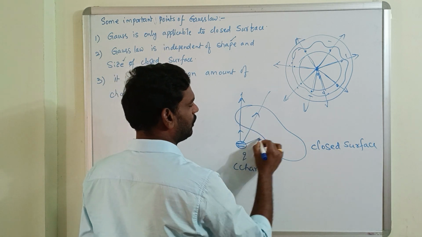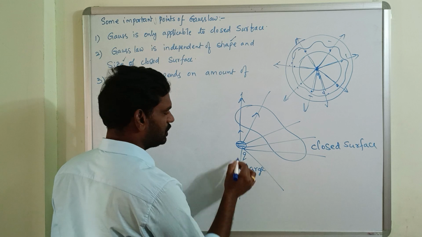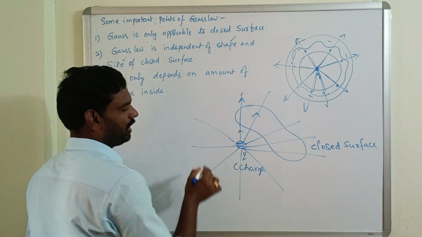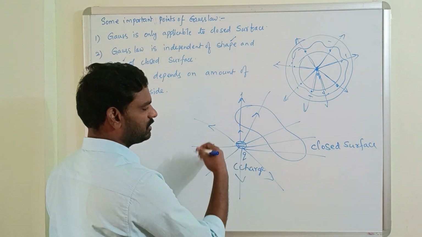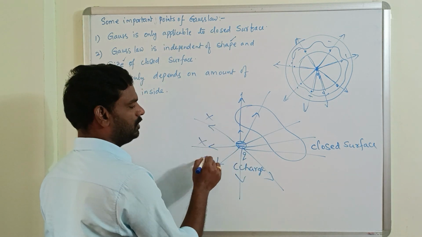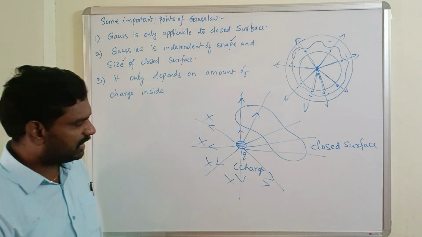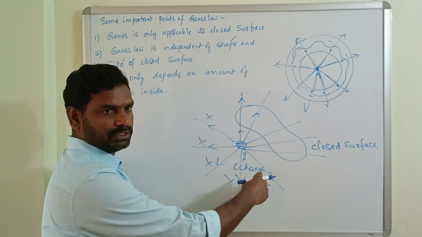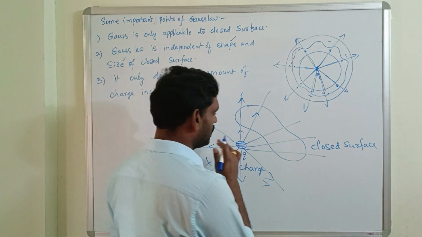So some number of field lines are coming out from the charge. These electric field lines are not going through the closed surface. None of these pass through the closed surface. So there is no contribution from these field lines to the flux.